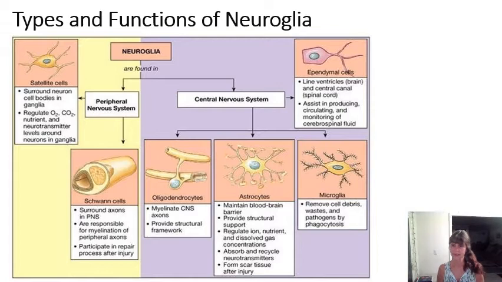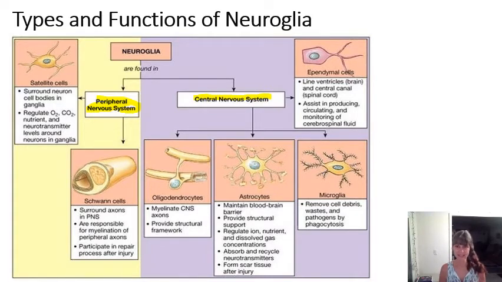Our nervous system is broken down into two different areas. The central nervous system includes the brain and the spinal cord, whereas the peripheral nervous system includes the nerves that go to the rest of the body to and from the brain and spinal cord. The peripheral nervous system includes two types of neuroglial cells.